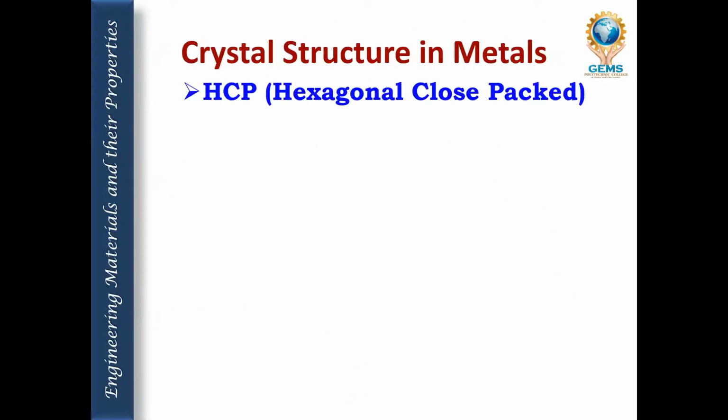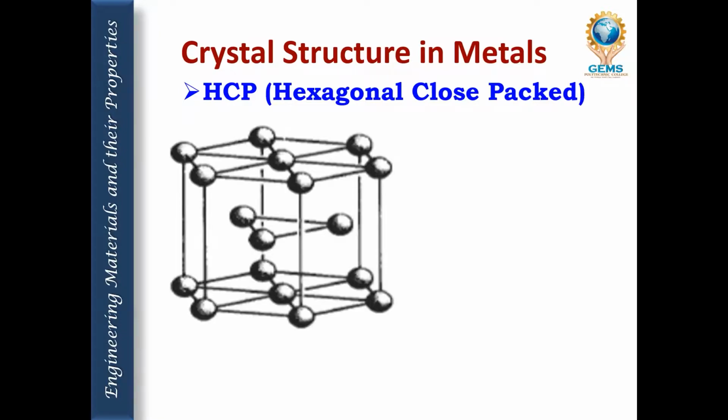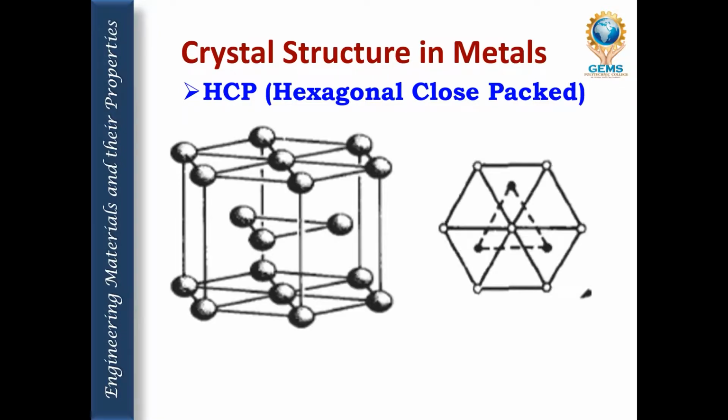So the next structure that we're going to discuss is hexagonal close packed. Okay. So the hexagonal close packed structure will look like this, where these are the corner atoms, and there will be a center atom.